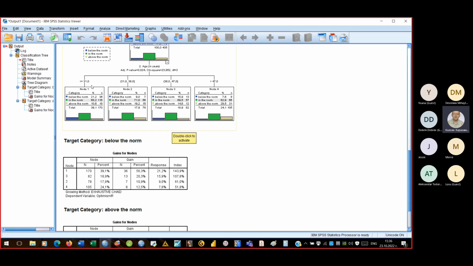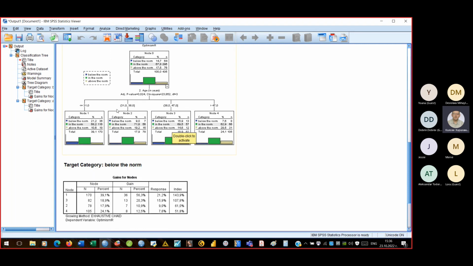Node number 1, with the largest percent of persons below the norm. Here is the node number 1. Here is this percent, 21.2% of persons are below the norm, but since the independent variable is age, these persons here are less than or equal to 31 years of age.